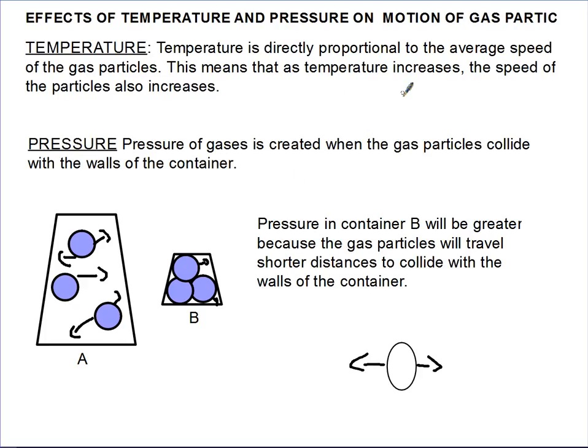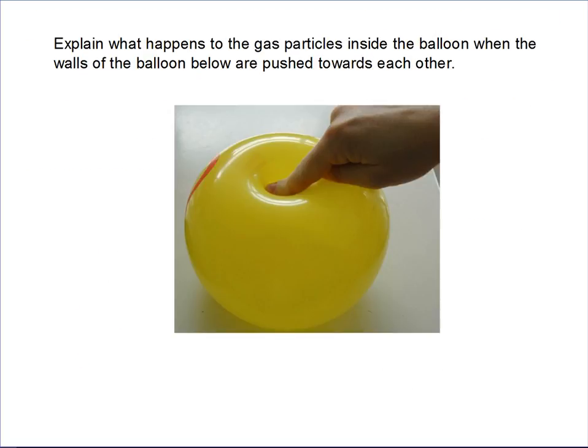But when we say directly proportional, that means that as temperature is increasing, the average speed of the gases also increases. As one parameter increases, the other also increases. That is what we call directly proportional. As one decreases and the other increases, we call that inversely proportional.